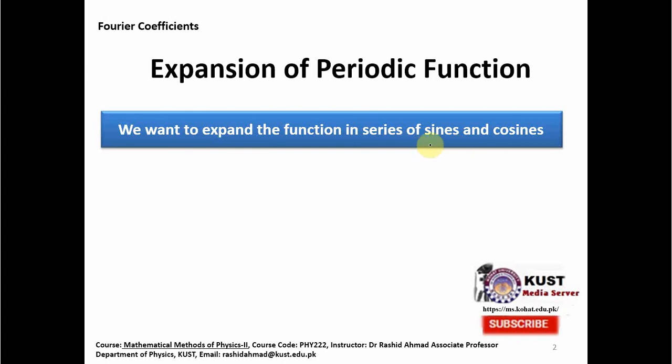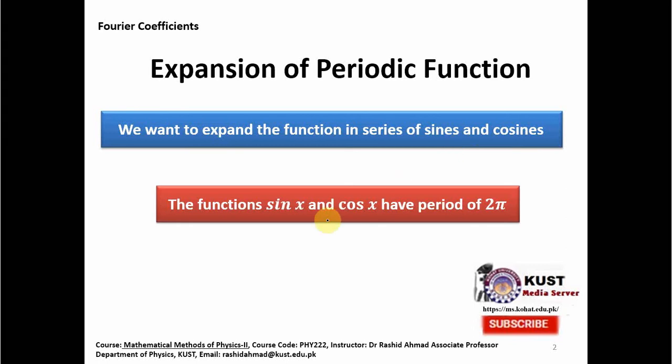We have chosen these because they are convenient periodic functions, so we will expand any function given to us into sines and cosines. These are the trigonometric functions. The other thing is the period of these sines and cosines. In this lecture we will select the period to be 2 pi.